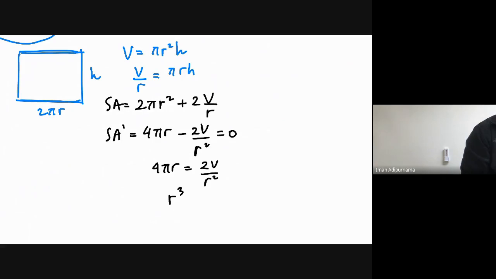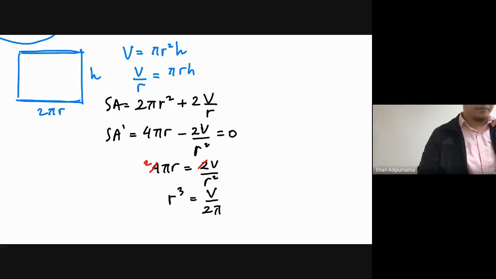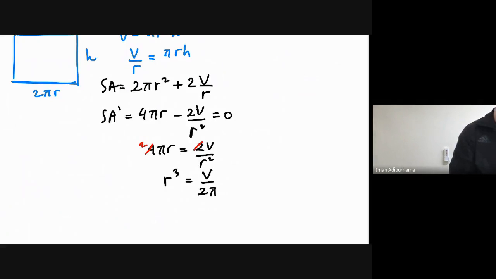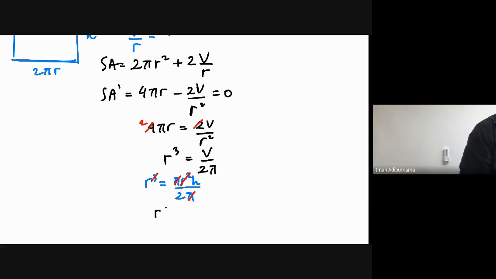So this will be r cubed, and then change back, so you get r over h, or r is h over 2.